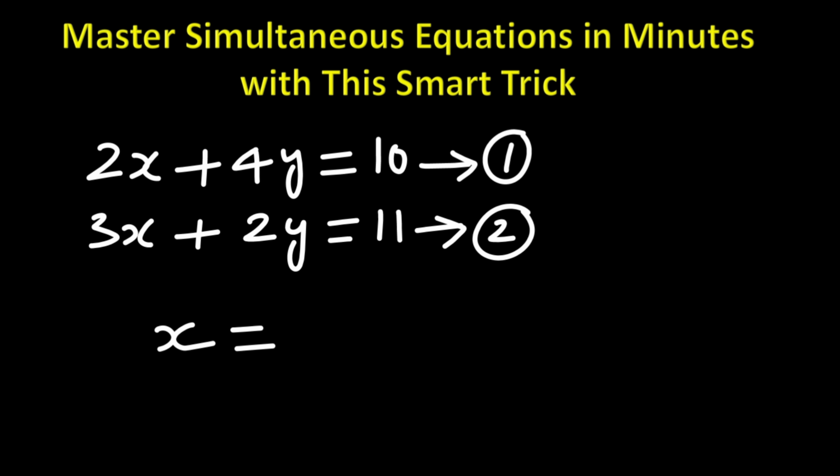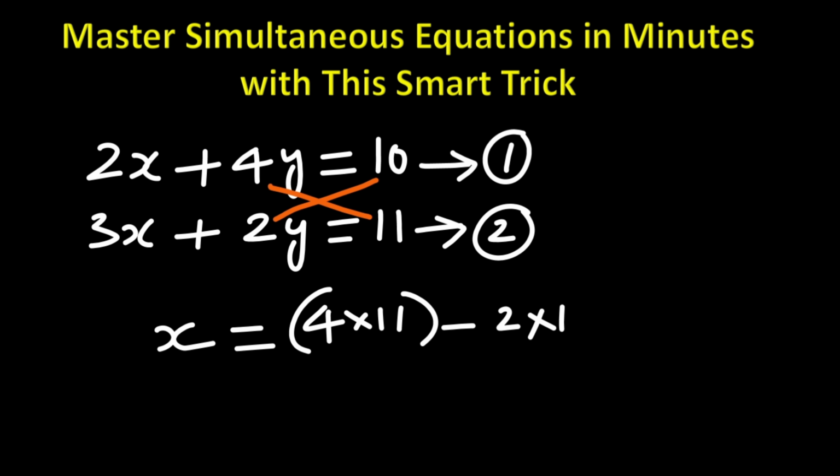To find the value of x, we do the cross multiplication. We always start from the coefficient of y, which is 4. So you do 4 times 11 minus 2 times 10. That's the numerator part.